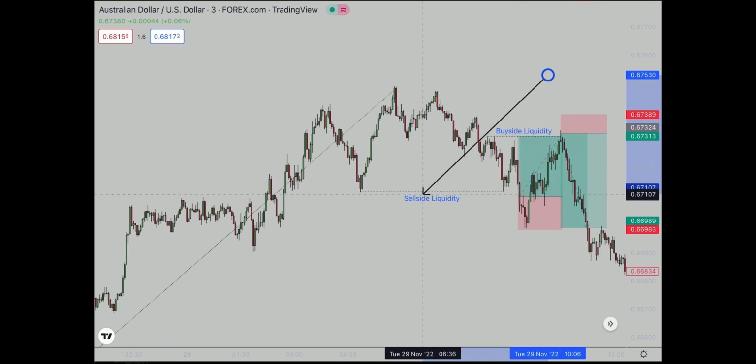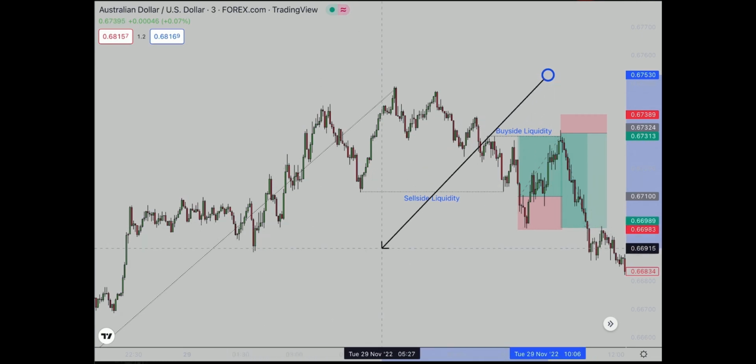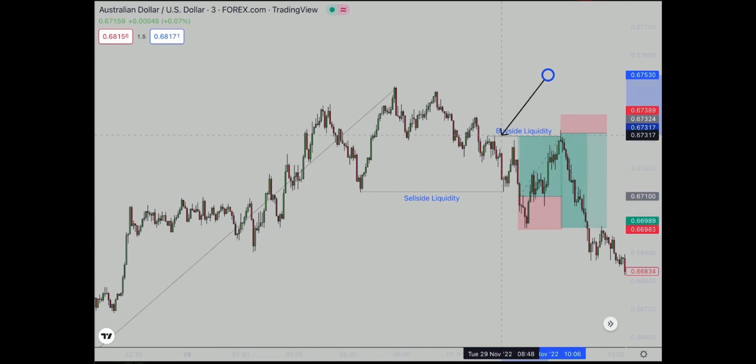Okay, so right here we have an energetic displacement to the downside, which bounces off another level and takes out buy side liquidity. That's your entry down to the last low.